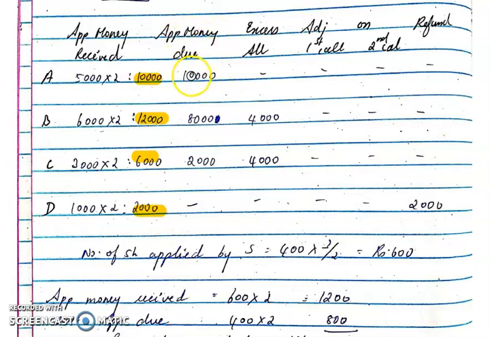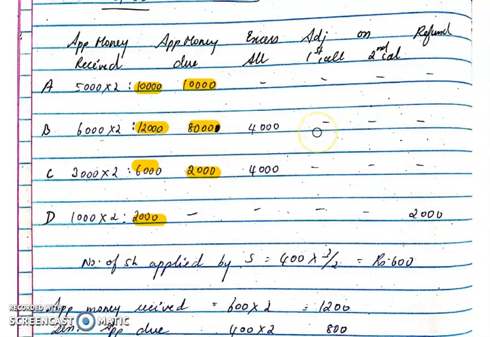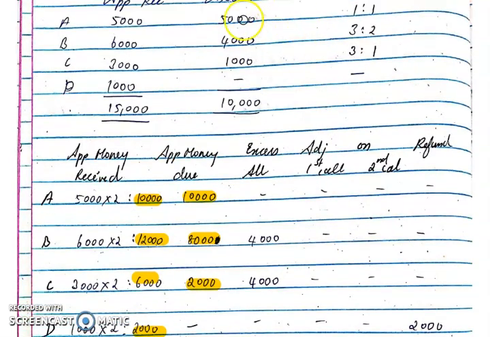Application money due is 10,000 for the first, and for the next it will be only 8,000 and 2,000. As given here, it is 4,000 and 1,000 shares. 4,000 into ₹2 is 8,000, and 1,000 into ₹2 is 2,000.